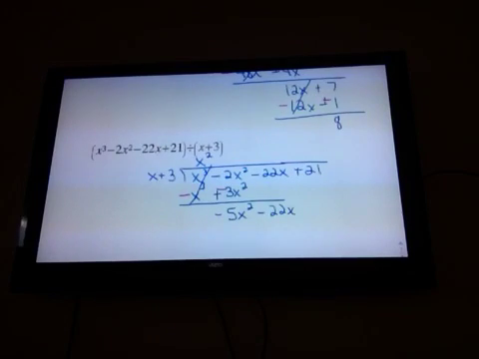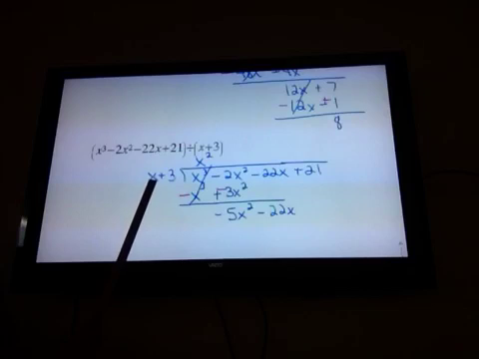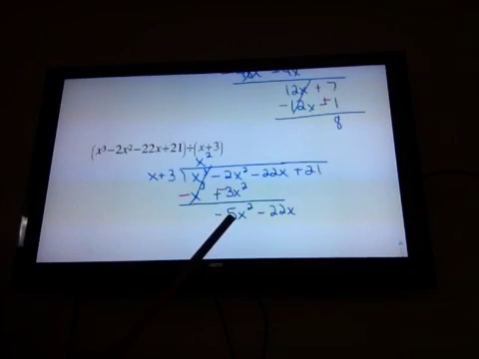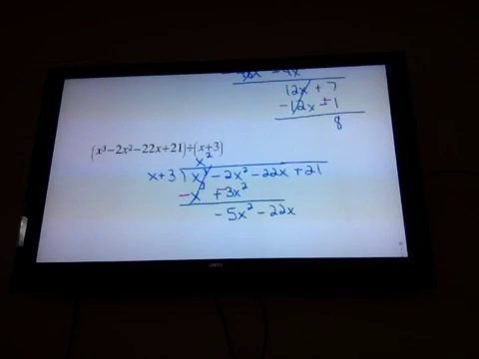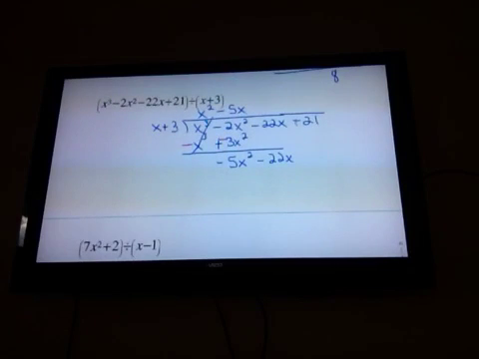And I repeat the process. X times what gives me negative 5x squared? Negative 5x. And I multiply through.